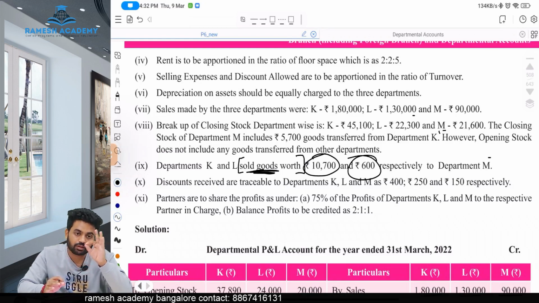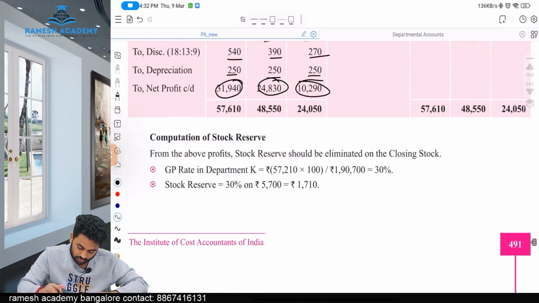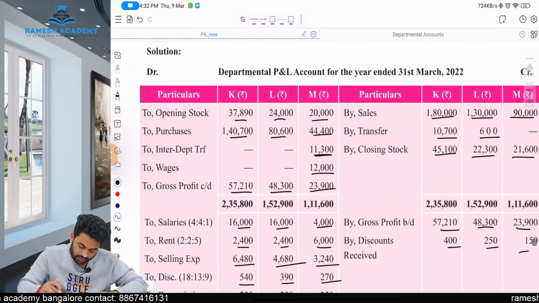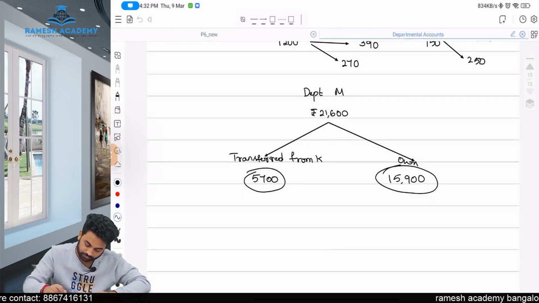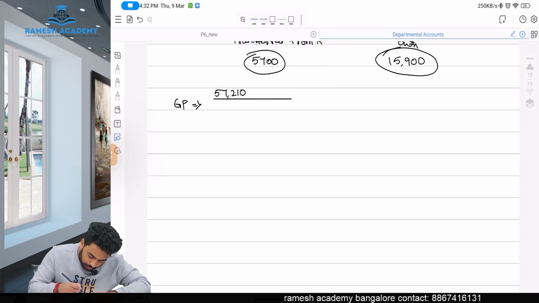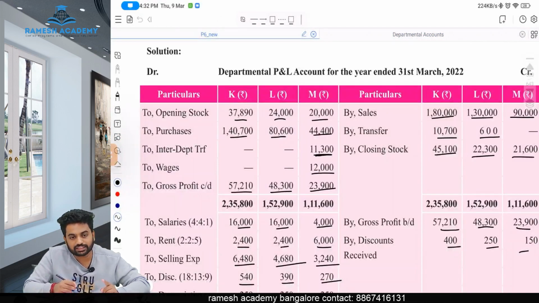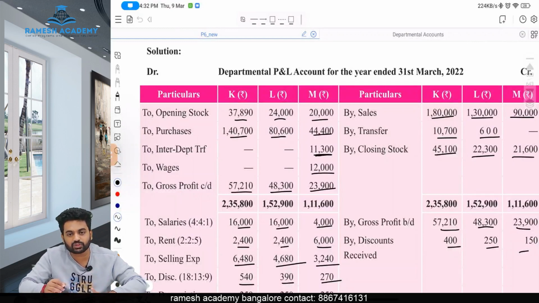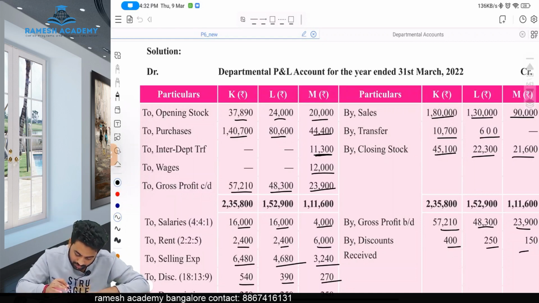Now we have to compute the percentage of profit of K. Gross profit of K is 57,210. Is he earning only through sales? No, sir. Even to the department he is sending at selling price, which also contributes towards gross profit.